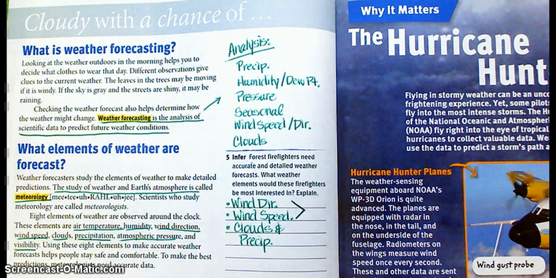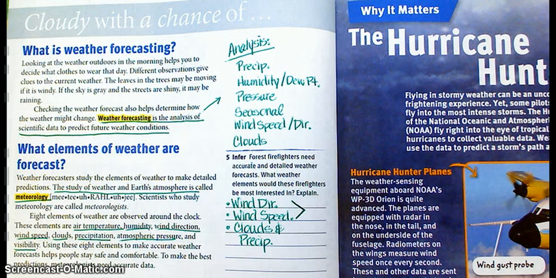What do they analyze? Well, they analyze precipitation, humidity, dew point, air pressure, seasonal wind speeds, directions, what the clouds are doing. They take a lot of information, put it all together to come up with a forecast. Okay, a forecast would be like telling what they think the weather's going to do into the future.